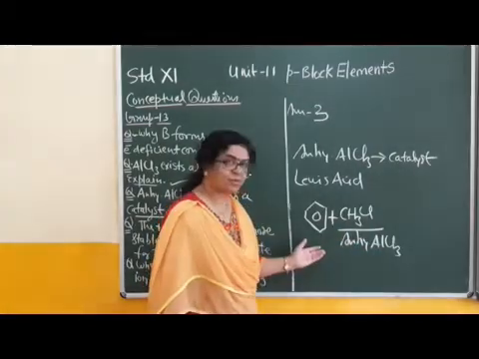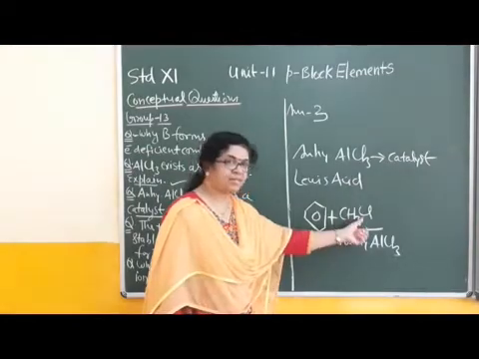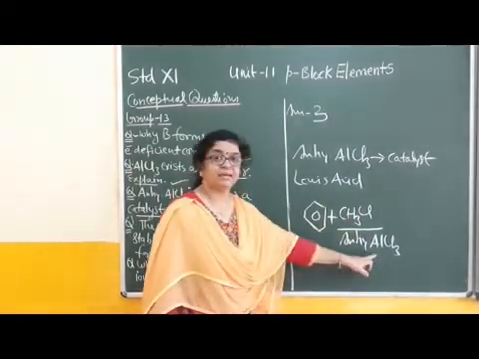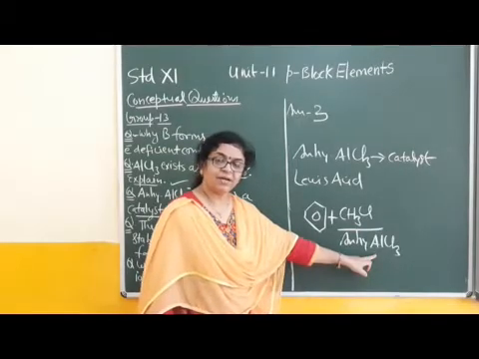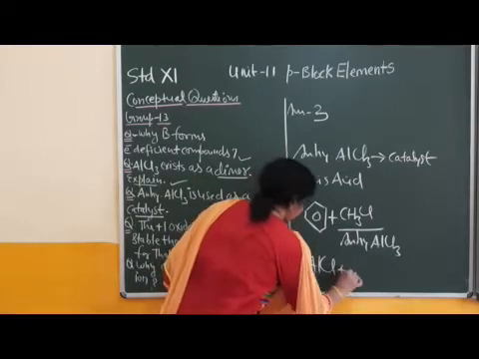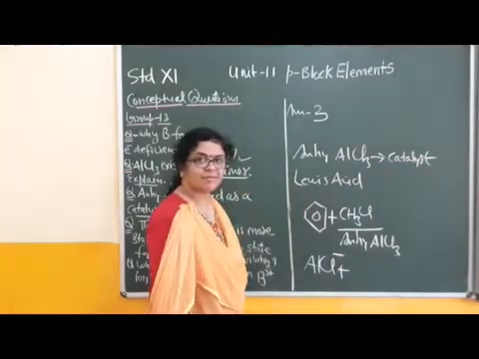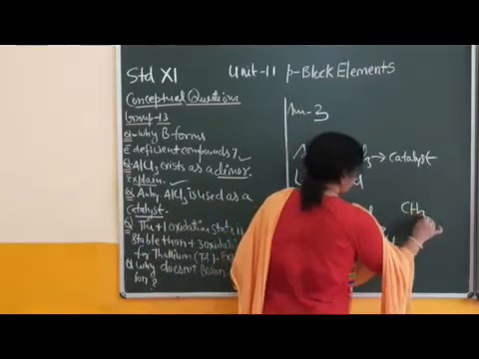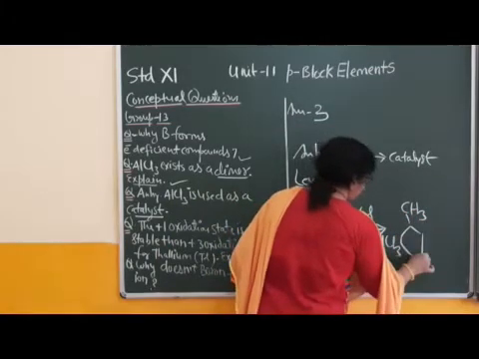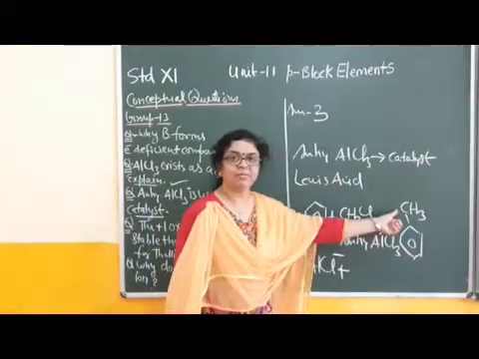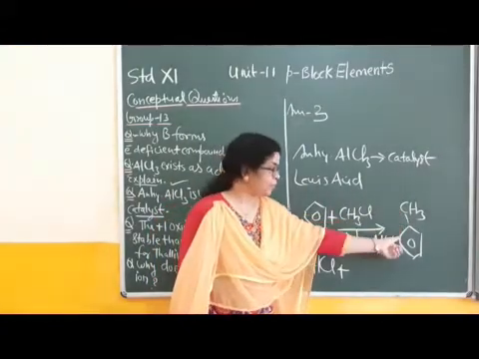In the alkylation process, Cl minus is abstracted by AlCl3 and forms AlCl4 minus, right? And alkylation of benzene. Alkylation means introduction, attachment of a hydrocarbon, an alkyl group, to the benzene ring.